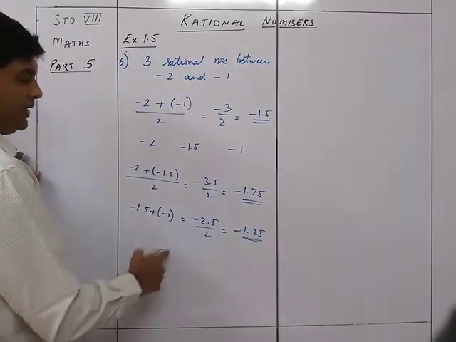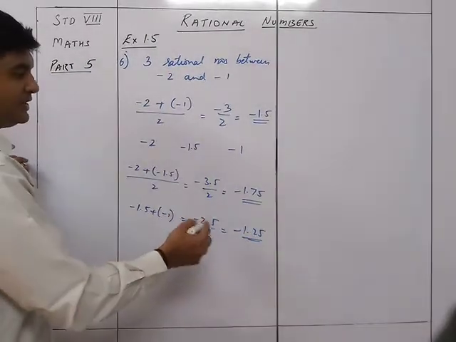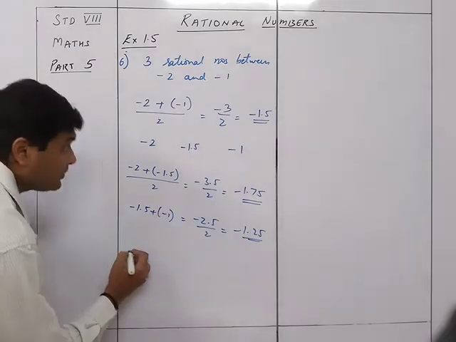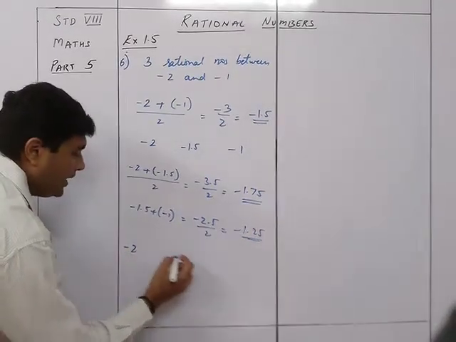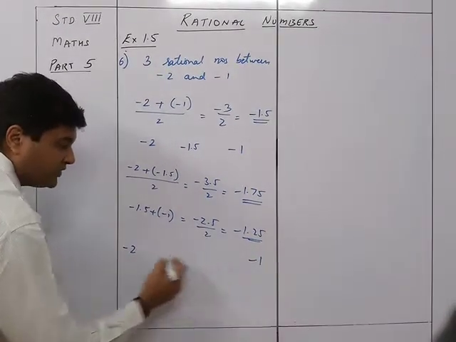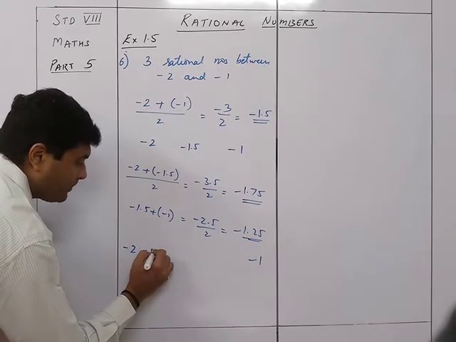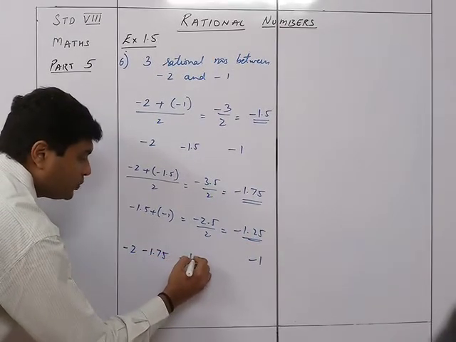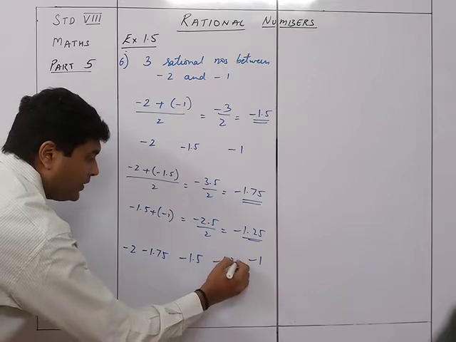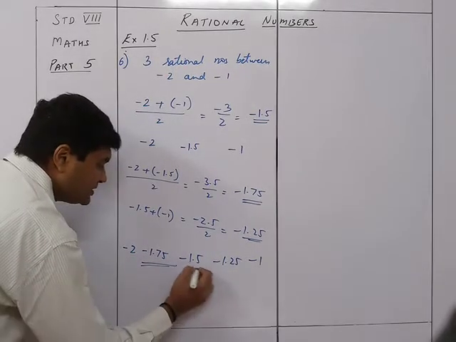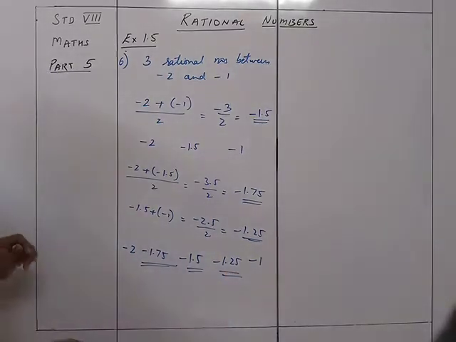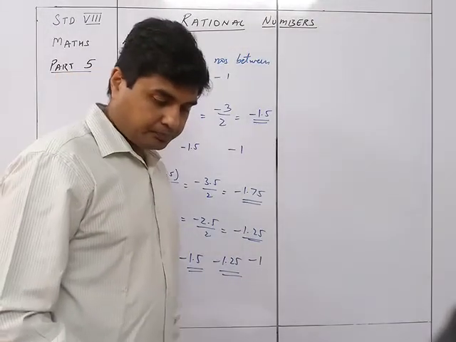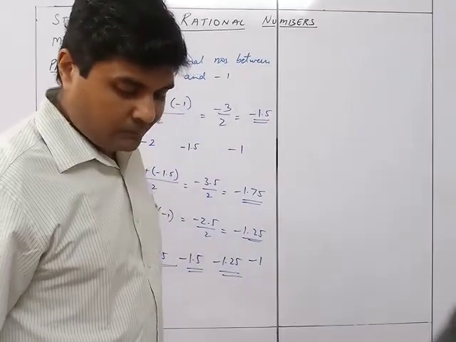So between minus 2 and minus 1, the 3 numbers are minus 1.75, minus 1.5 and minus 1.25. These are the 3 numbers required to be found.